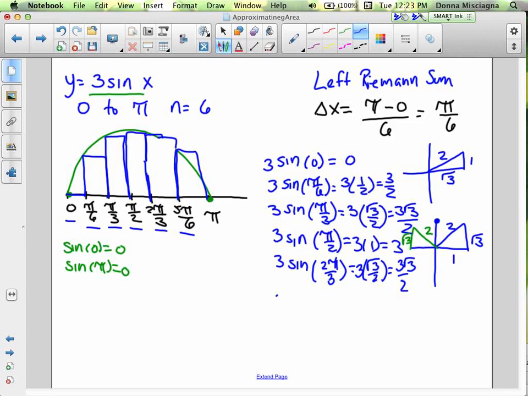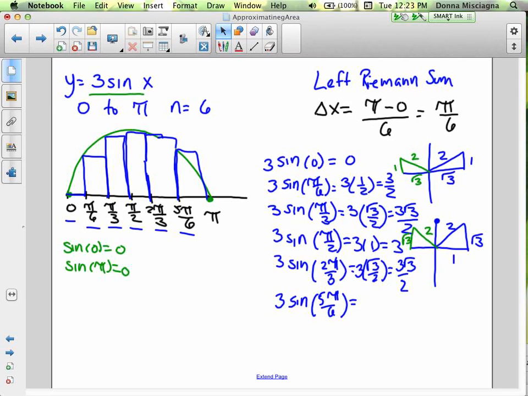And then we have 3 sine 5 pi over 6, the last one. We'll just use this graph over here. Same triangle, 1 to square root of 3. It is positive because the y is positive, so 3 times 1/2, or 3/2.